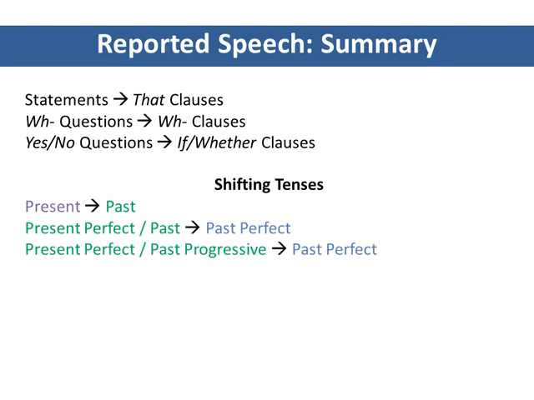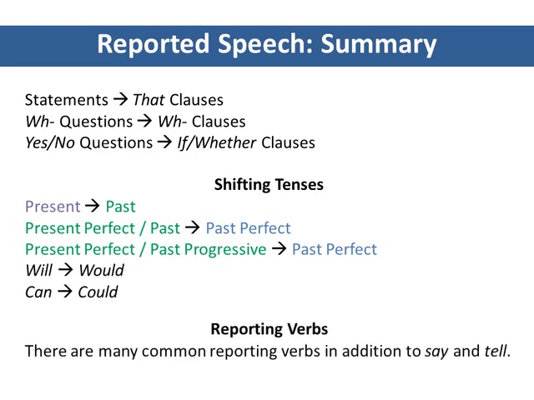Progressive tenses follow the same patterns. The modals will and can shift to would and could. There are many common reporting verbs in addition to say and tell. Use these verbs to express different meanings. Accurate use of reported speech will improve your academic writing and help you support your ideas when citing sources.